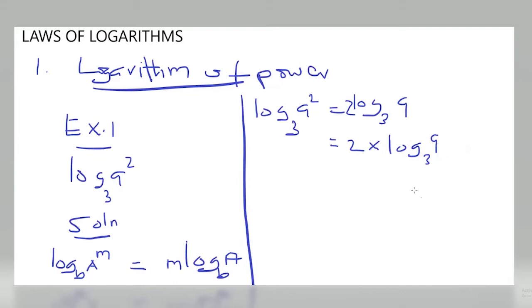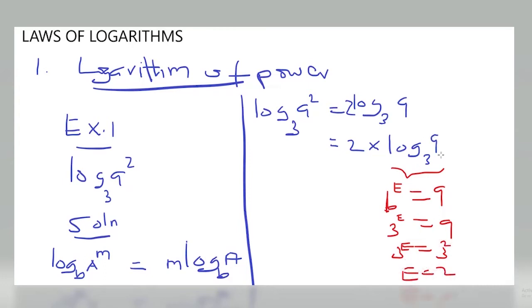Base power exponent is always equal to the number. Our base is 3, the exponent, which we don't know, gives 9. So 3 power what is equal to 9? 3 squared is 9, so the exponent is equal to 2.